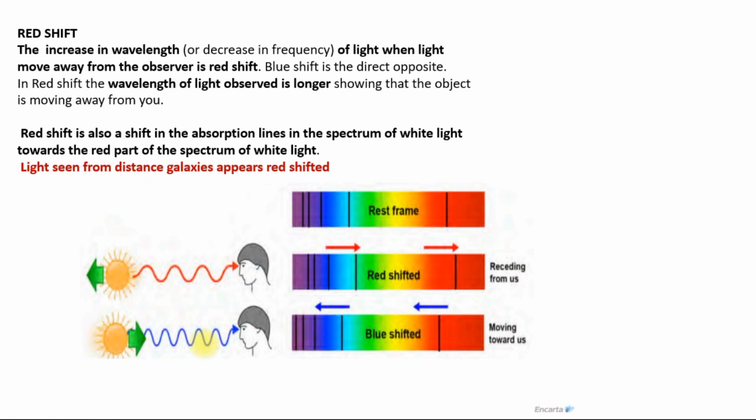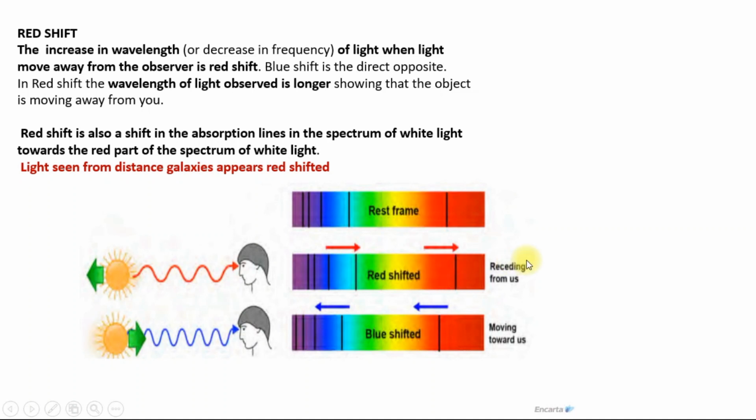Redshift can also mean the shift in the absorption lines in the spectrum of white light towards the red part of the spectrum. When you consider these two spectra here, from a normal light and from a distant light moving away, you will notice that the bands here are moving towards the red side, towards the red spectrum.